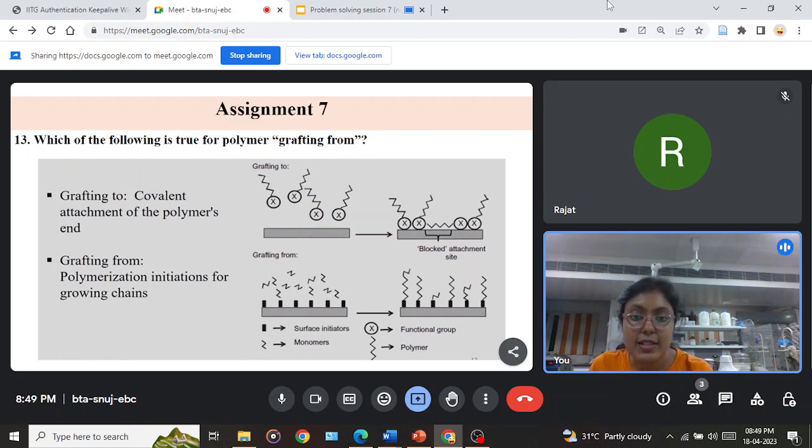You can see there is a surface initiator first, which gets attached to the surface. Various monomers attach to the surface one by one, and lastly it becomes a polymer, right? So grafting from is actually polymerization initiation for the growing chain.